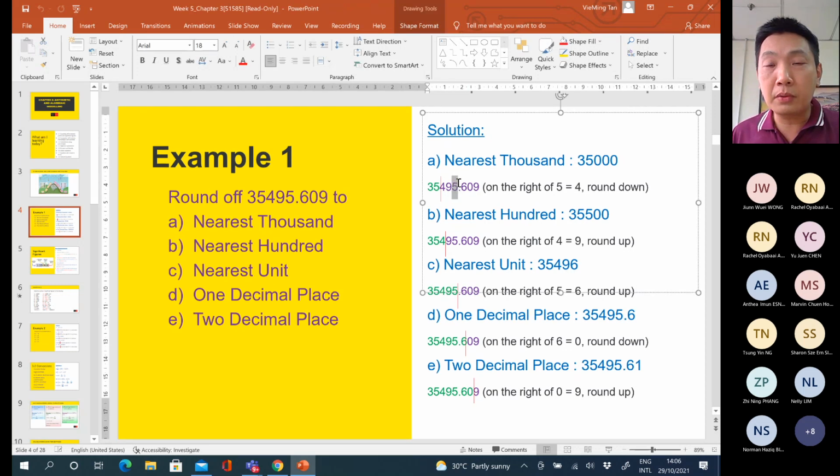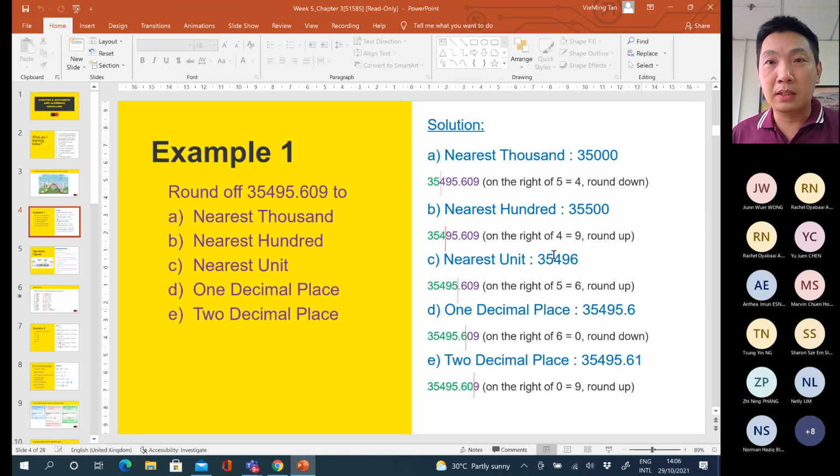This 9 is the next digit, the 10 digit. 4 is the 100 digit, 5 is the 1,000 digit, and 3 is the 10,000 digit.